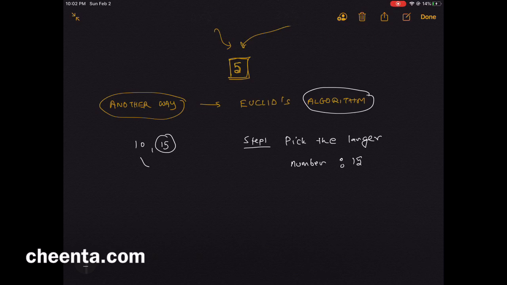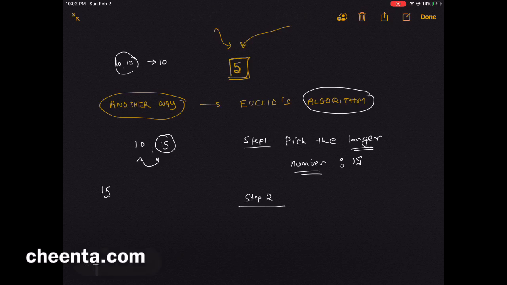Because if the two numbers are same, their GCD will be that number. So the GCD of 10 and 10 will be just 10. So if they are not equal, only then you have to compute the GCD. So pick the larger number, which is 15 in this case, and divide it by the smaller number.